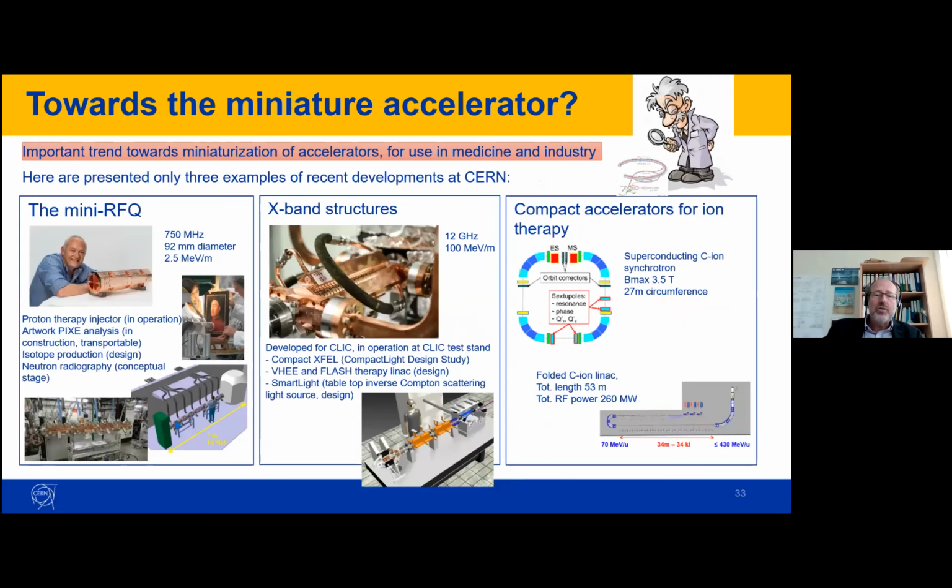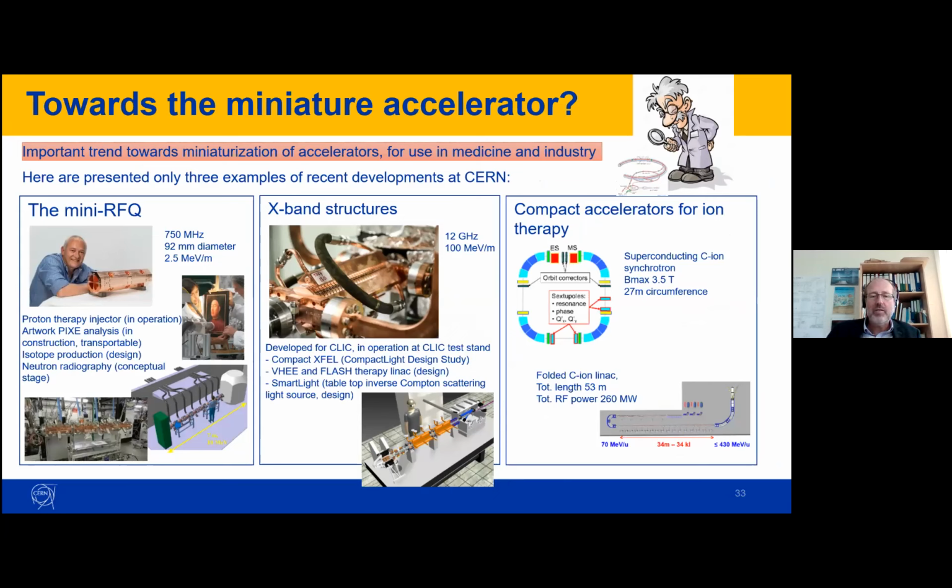What I wanted to mention to you is the work that goes into what we call the miniature accelerator. On the one hand, for particle physics, the demand is to build larger and larger accelerators that can reach higher and higher energies. But in many applications, like for medicine, the demand is to make it small.